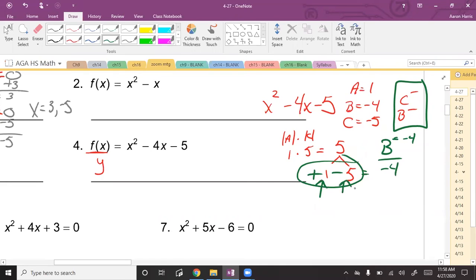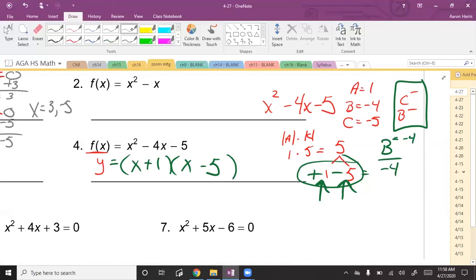So how do I write this? This is equal to, the first term is always x. The second term, well, it's plus 1. The next term is negative 5. And there we go. We have y equals x plus 1 times x minus 5. But I want to find the zeros. So I make y equal to 0.